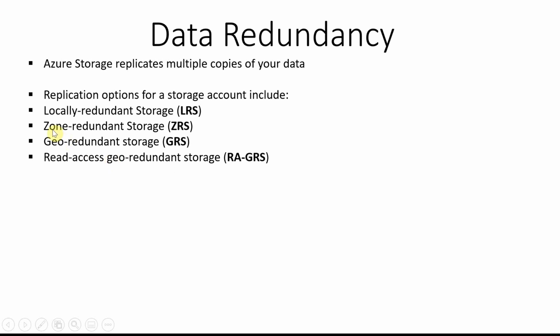So a copy in one data center will be replicated to the other two zones also. That's why it's called zone redundant storage. Since it is copying data to a different zone, it comes with a cost, because it has to do extra work of migrating the data over the network. That's why it is a bit costlier compared to LRS.